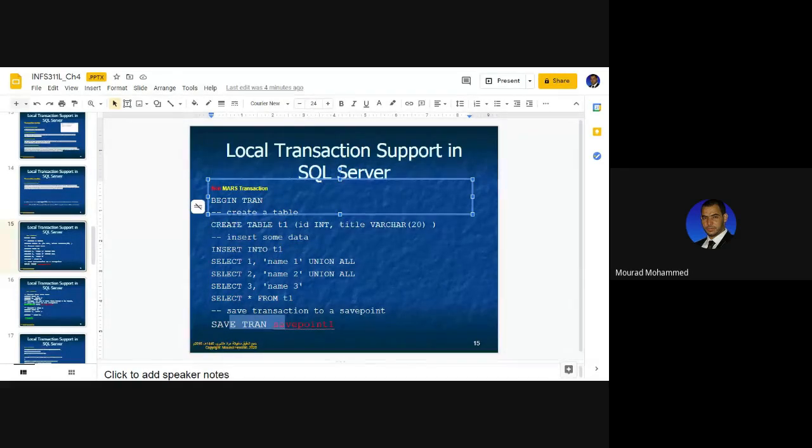This can be done in a non-multi-active result set transaction, a non-mass transaction. Why? Because such a type of transaction is a list of queries only, simple SQL queries only: select, insert, update, alter, truncate, and so on.